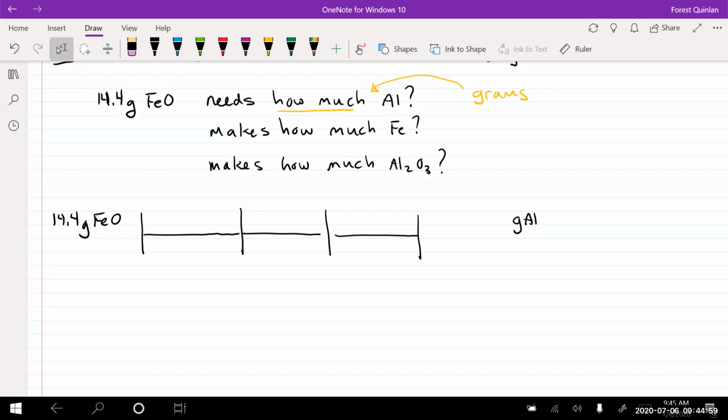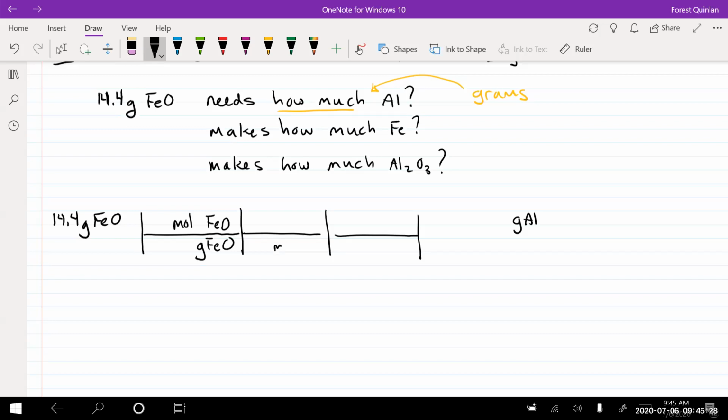So I need to go from grams of FeO to moles of FeO. I'll notice if I have grams of FeO on top, that means the grams of FeO will have to go on the bottom. I wanted to go to moles of FeO. I don't want FeO, I want aluminum.